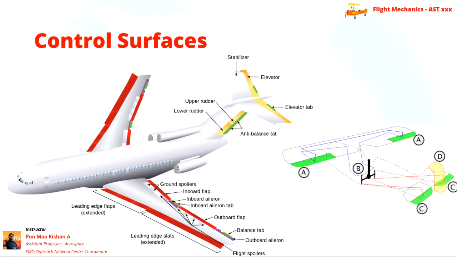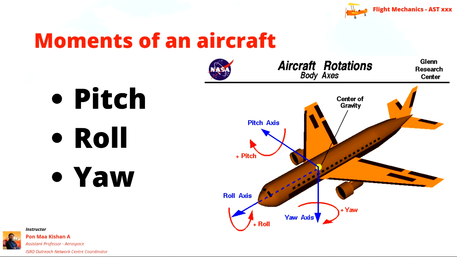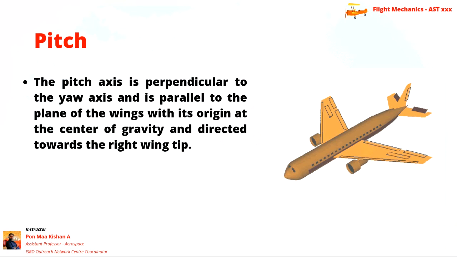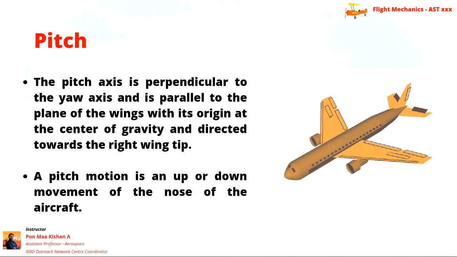When he pushes the left side pedal, the rudder will turn to the left side, so the aircraft will also turn to the left. That is yaw movement. When the pilot presses the right hand pedal, the aircraft will give the right side yaw movement. Similarly, the other control surfaces will also work. Apart from that, the pitching and rolling movements are also given over here. I hope you know that very well, so I'm just skipping those parts.